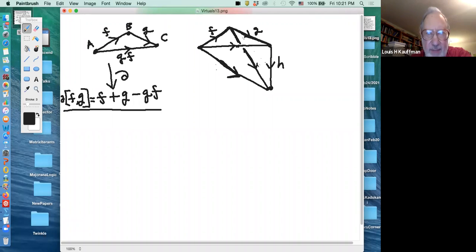Now, we want to label them correctly. This is GF. F comes first. And this is HG. And this one is HGF. But HGF is either HGF or it is HGF.